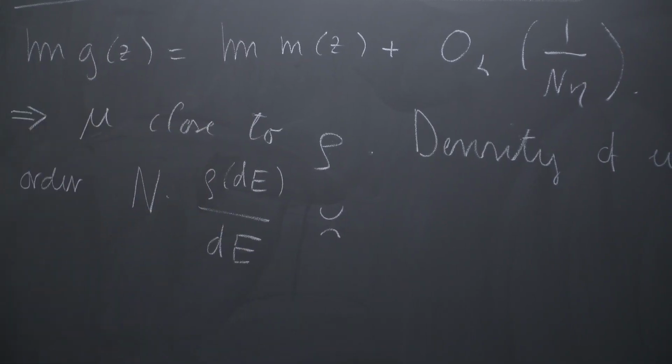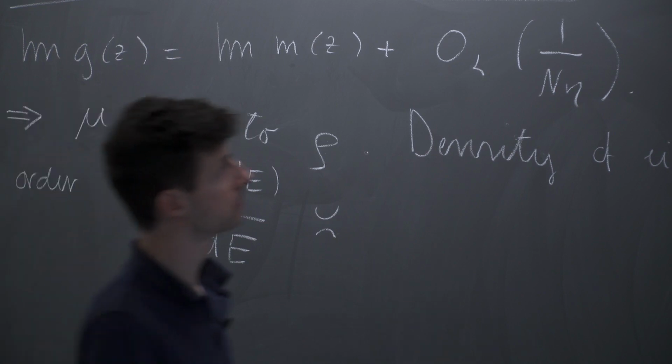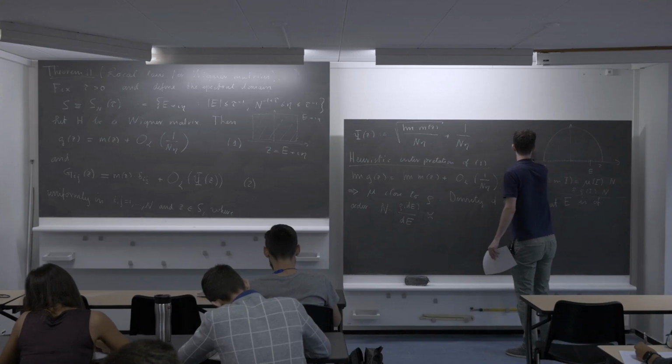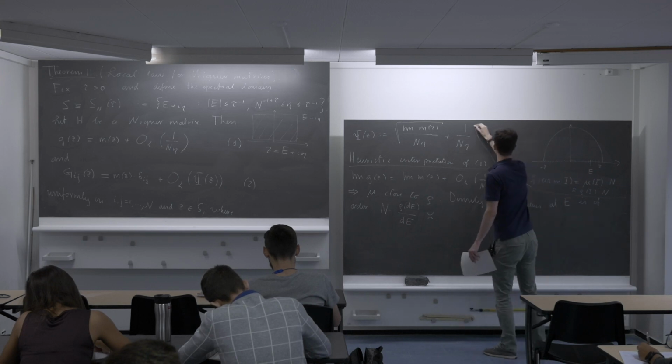So what is the density of eigenvalues? I will use this symbol, which I think is a quite commonly used asymptotic symbol, so maybe I should introduce this symbol.